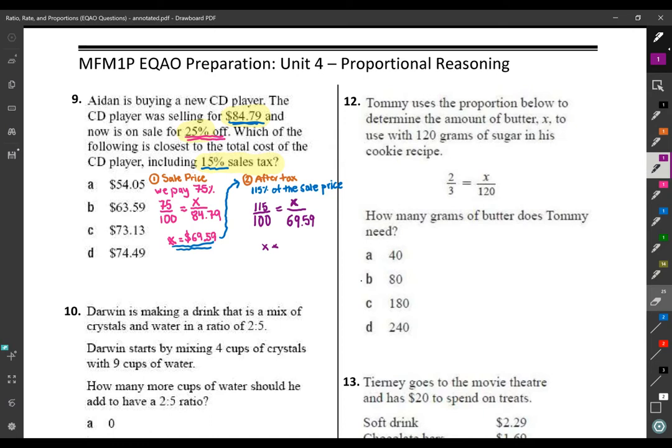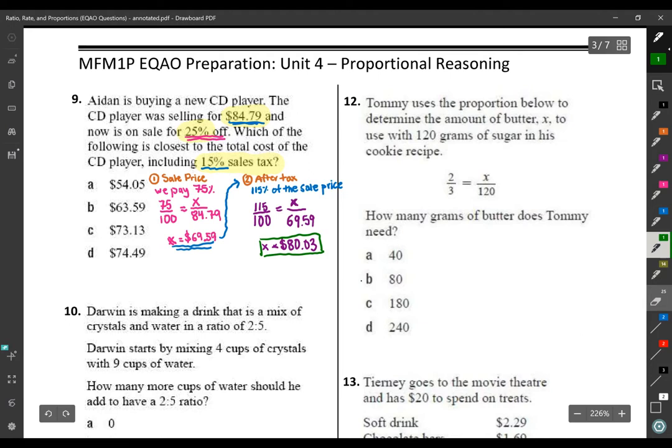So I multiply both sides by 69.59. And I'm going to get an answer of $80 and approximately 3 cents. Okay, so that is my final price after taxes and everything.